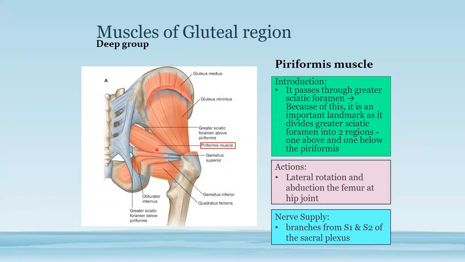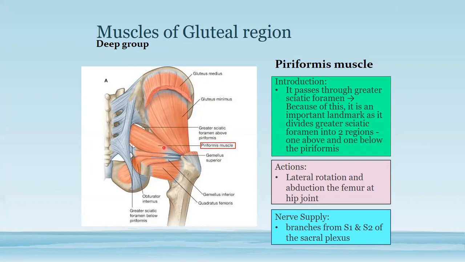Because of this, the foramen is divided into two foramina, so two regions of the foramen: one region above and one region below the piriformis muscle. The action of this muscle is to laterally rotate and abduct the femur at the hip joint.